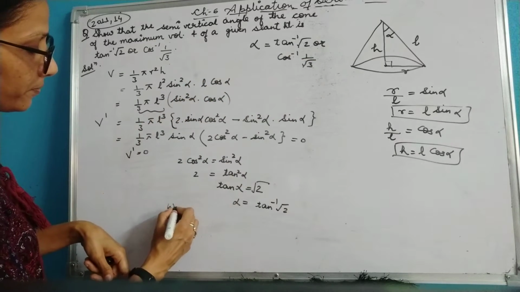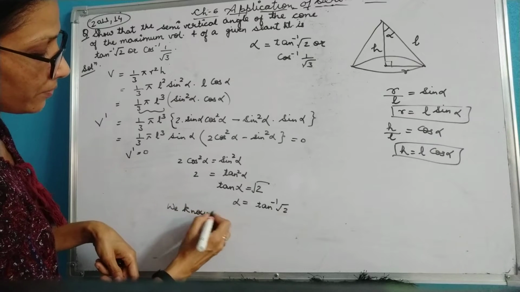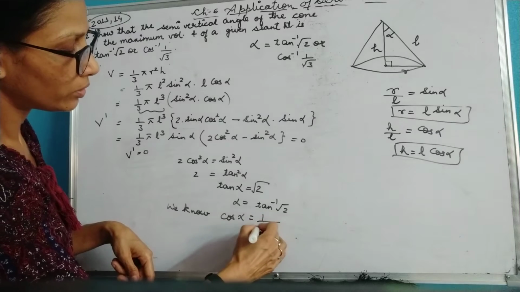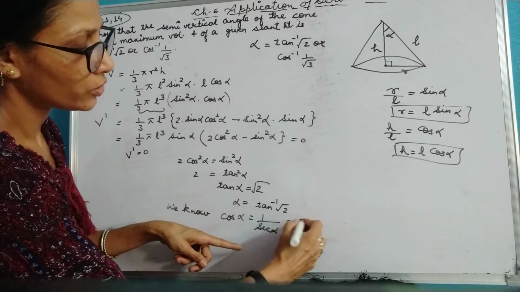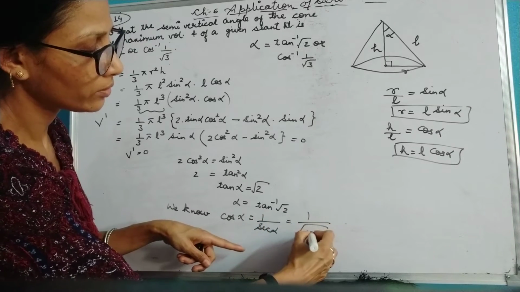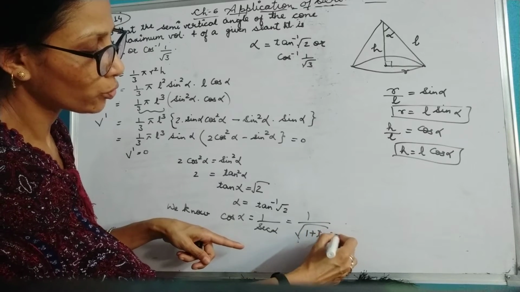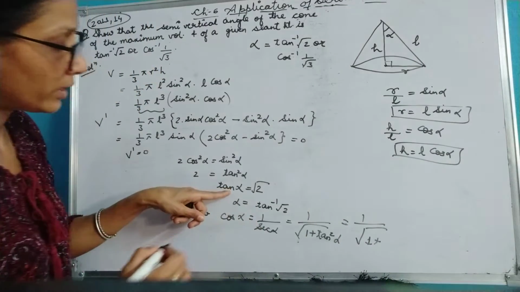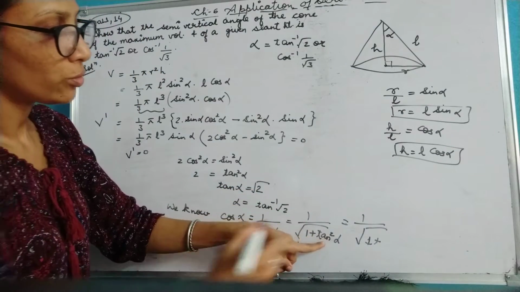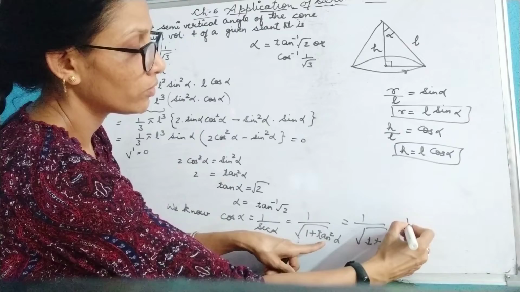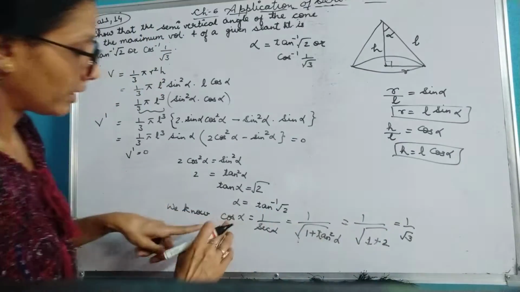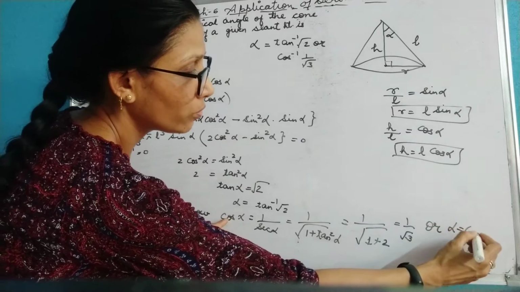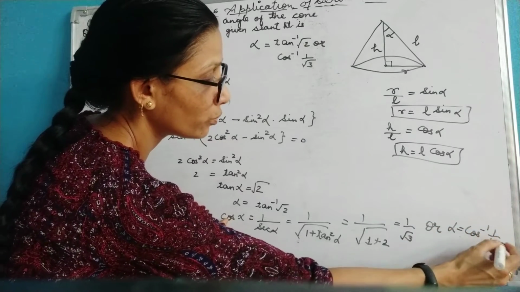So we know that cos alpha equal to 1 upon sec alpha, which can be written as 1 upon root of 1 plus tan square alpha. We know that tan alpha equal to root 2. So root 2 square will be just 2, which will be 1 by root 3. That means cos alpha equal to 1 by root 3 or alpha equal to cos inverse 1 by root 3.